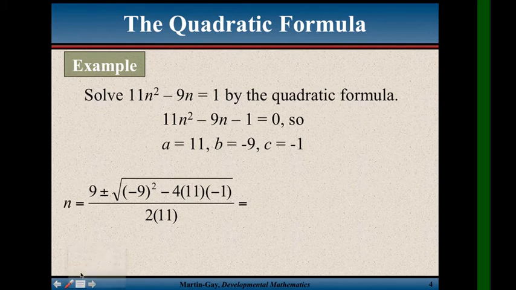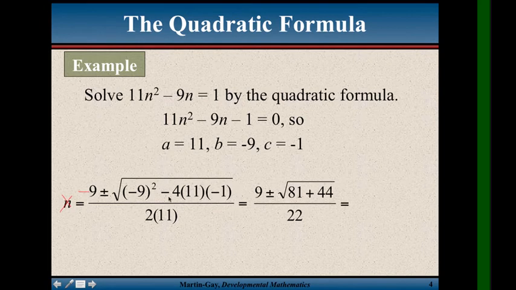So I think there's something wrong here. This is x. So we have b, 9. Okay, it's negative 9. Plus or minus the square root of negative 9 squared minus 4, 11, negative 1 over 2 times 11 for the a. So next, we have negative 9 squared is 81.